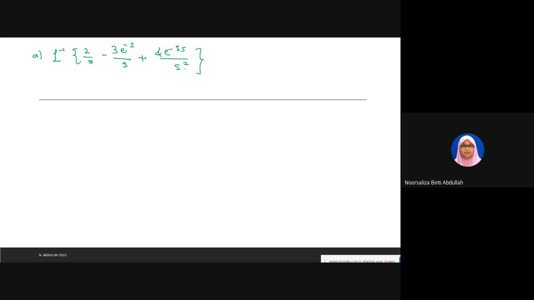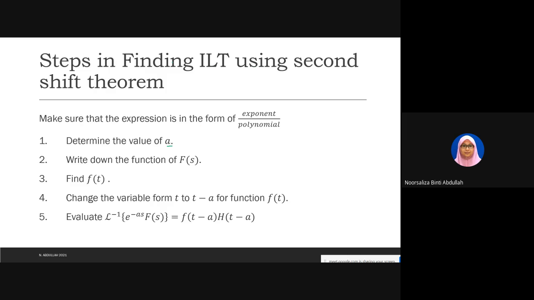So you have 3 terms. For the first one, there is no exponent here, so you don't have to find the A. Awak tak perlu cari A yang ini. However, for the second and third, you have to find the A. What is A in these? Remember, the first step is you have to determine the value of A.